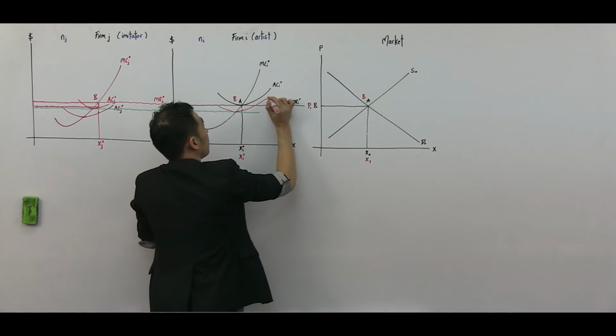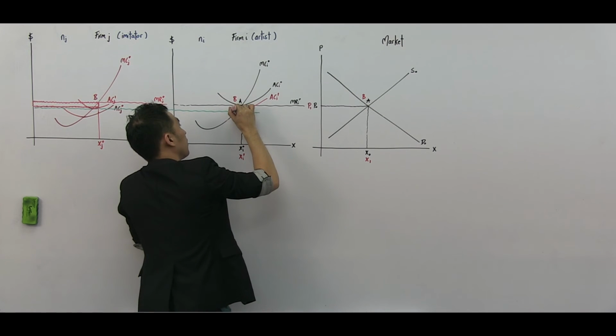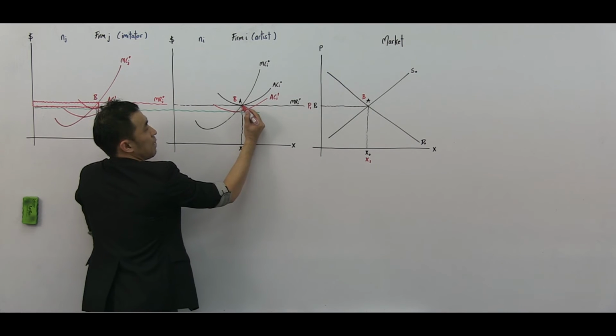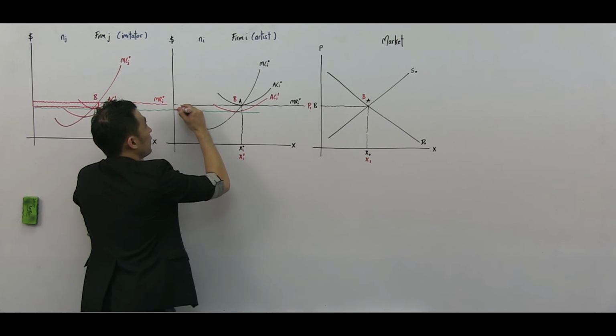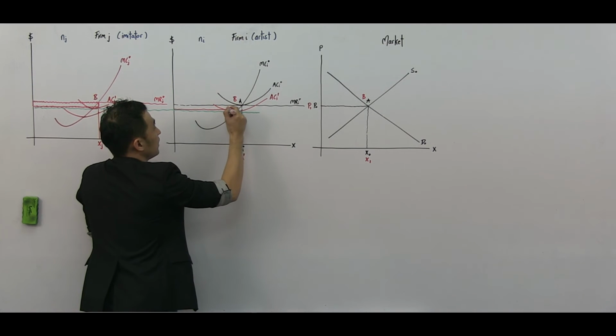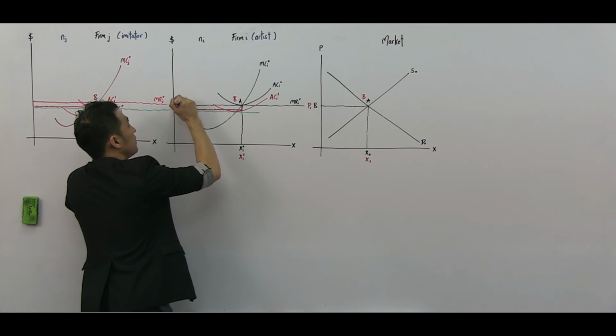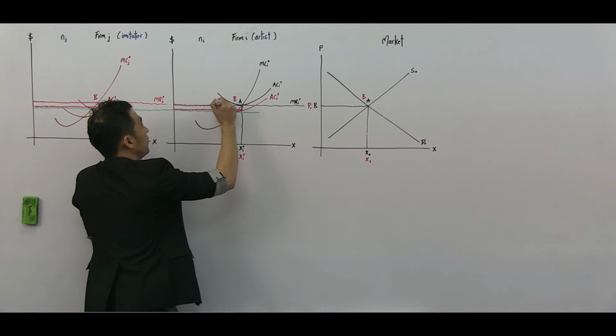Curve left, curve right, ACI1. Right? This is my shock. ACI1, my gap must get smaller. And of course, at my point D, price is higher than my AC. So I'm making a profit as well, thanks to the fixed fee. Okay, the artists are making a profit, and this is my profit.